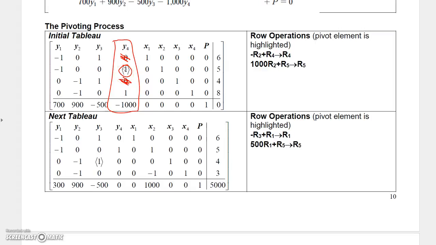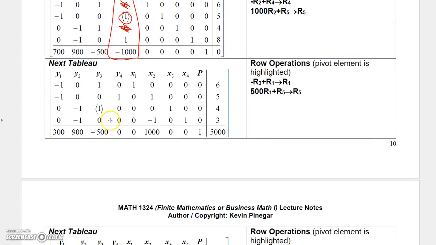And really what you would do there is minus row 2 plus row 4 to get rid of the 1, and then 1,000 times row 2 plus row 5 to get rid of the negative 1,000. That's written over here. After you do those two row operations, you're going to get this. Well, you still have a negative number. You have negative 500 here. Again, you can't use the zeros.